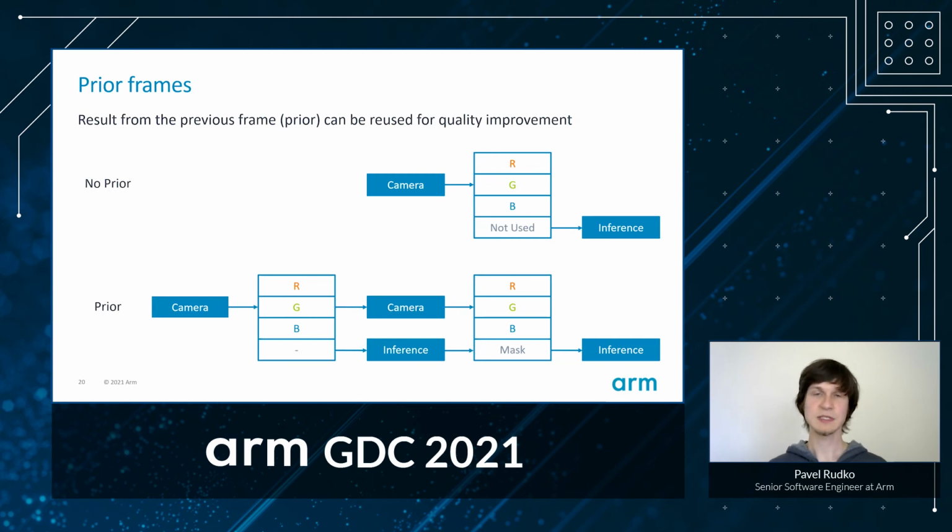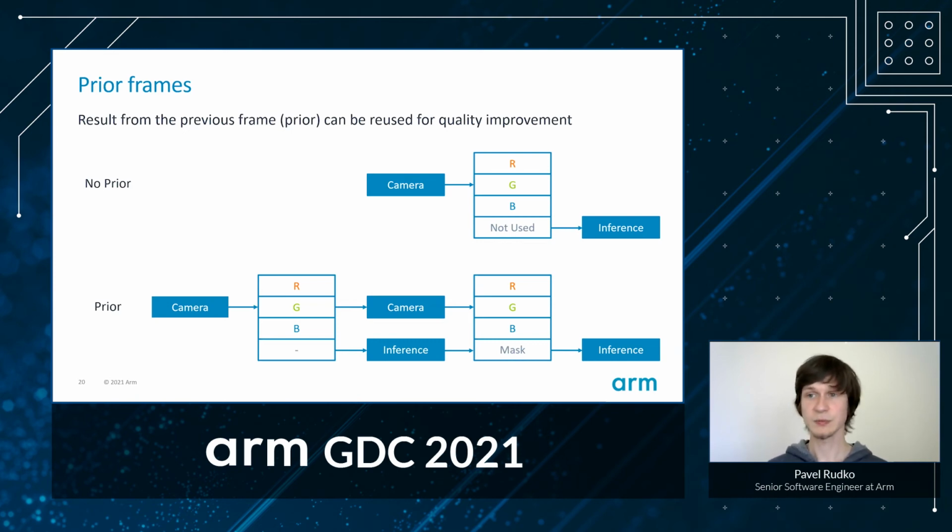The next hint is specific to real-time image segmentation, when we are dealing with a continuous stream of frames and have a grayscale mask as an output. In this case, we can use an RGBA input texture the following way. The 3 components RGB are used for the current frame, and the alpha channel can be used for the data from the previous frame, or the result from the previous frame.